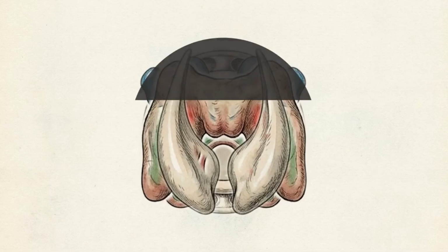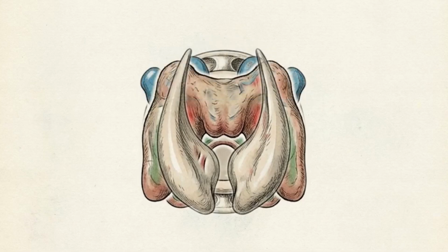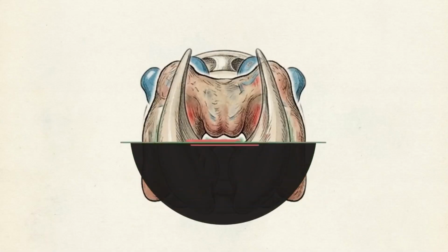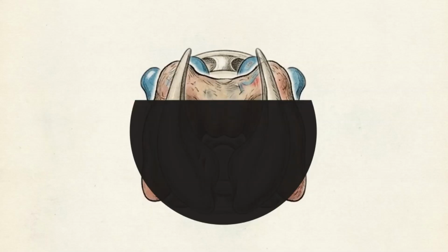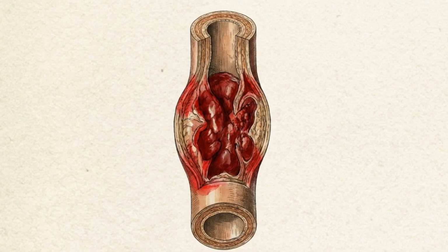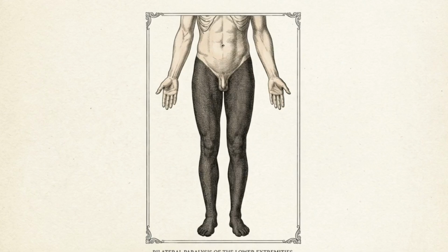Now shift to the precise opposite geometry. An infarction, or tissue death due to lack of blood supply, wipes out the entire anterior two-thirds of the cord, sparing only those posterior columns. This structural failure is known as anterior spinal artery syndrome. The deficit is complex but logical.